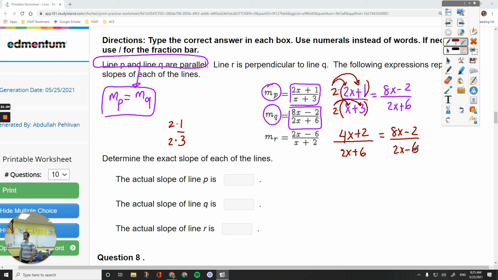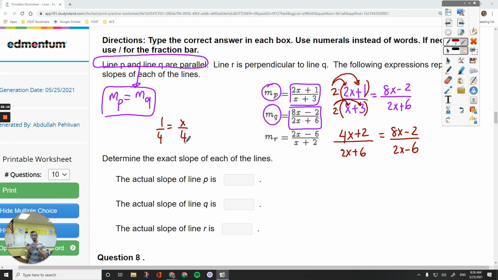The reason I did this is so that I end up with the same denominator. Let me put an example over here. Let's say you have 1 over 4 equals x over 4.